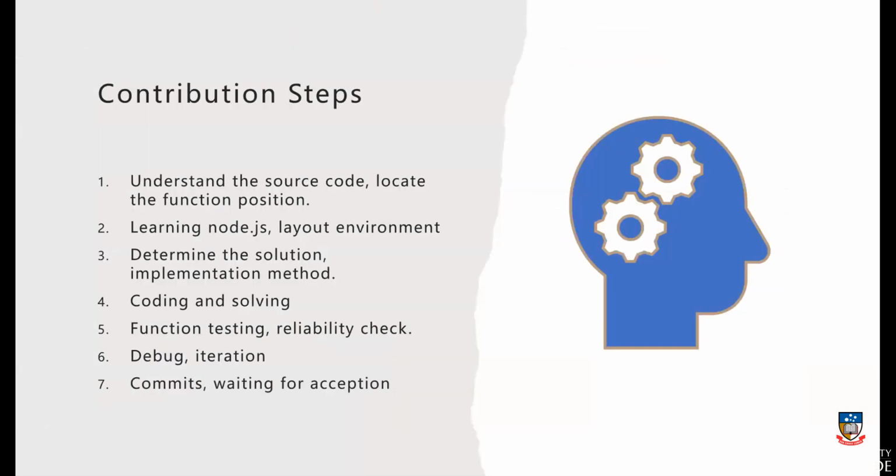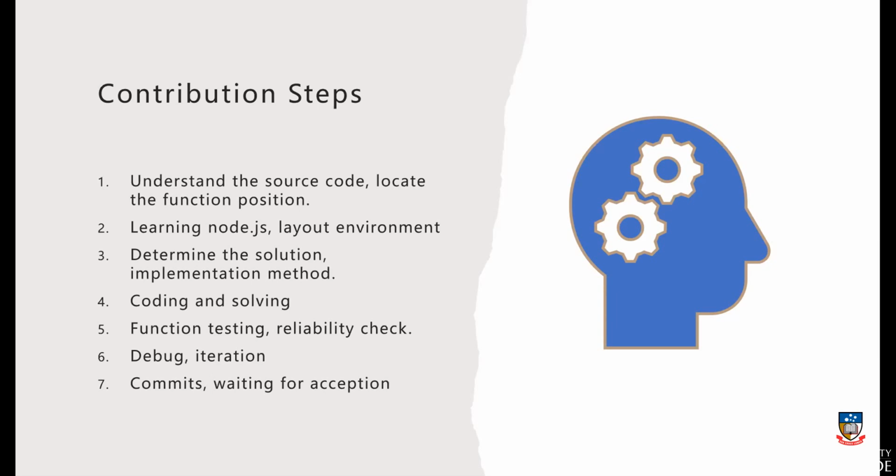The contribution steps we are going to follow are to first read through and understand the whole source code. On top of that, we can locate the file where this issue occurs. Next, we will focus on setting up the environment and getting familiar with JavaScript, since not all of us have a background with it, especially frameworks like Node.js for this project.